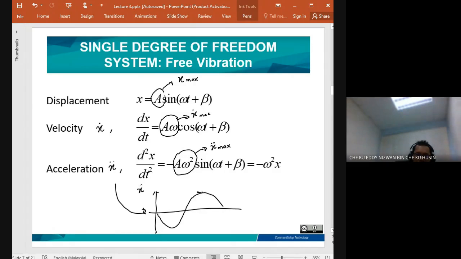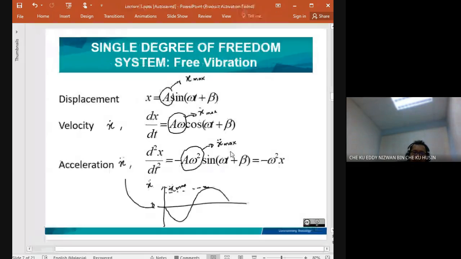So this one is still X max. For the maximum acceleration, you just take it as A omega n square. Please just ignore the negative sign. The negative sign just shows that it moves 180 degrees out of phase compared to the displacement.